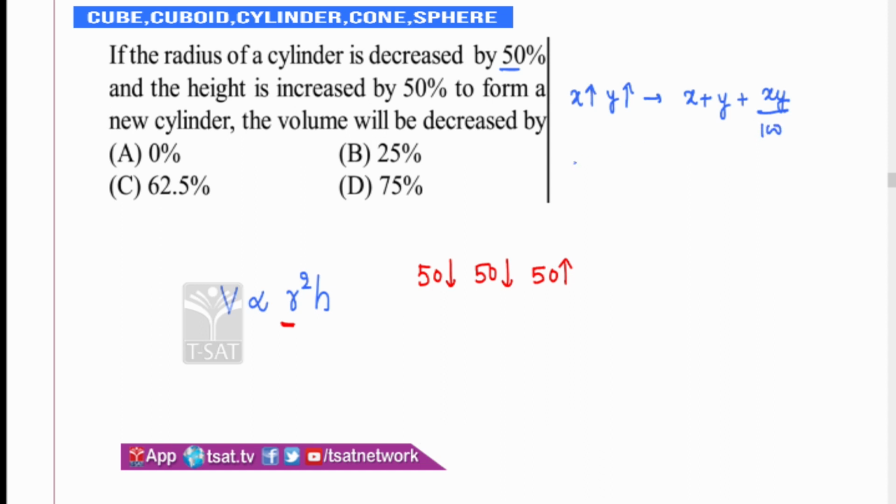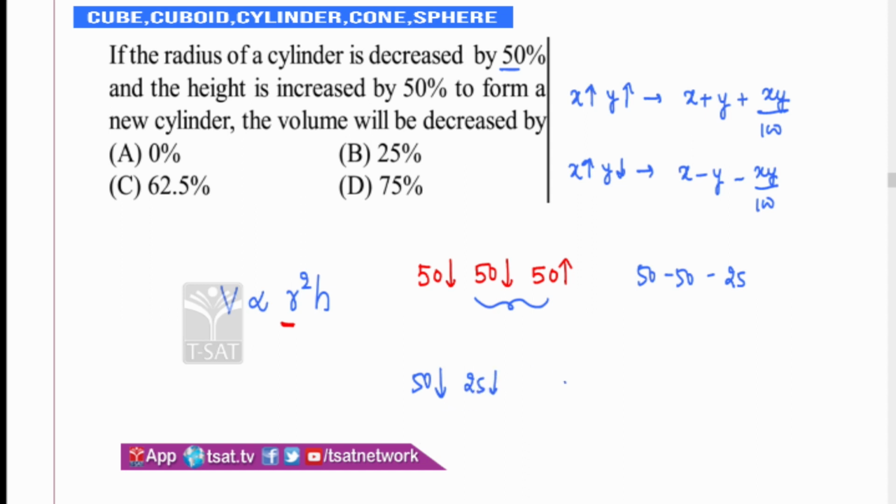For increase followed by decrease, you use the formula x minus y minus xy by 100. You can do any two first. See here, 50% decrease followed by 50% decrease: 50 minus 50 minus 2500 by 100 is minus 25, which means 25% decrease.